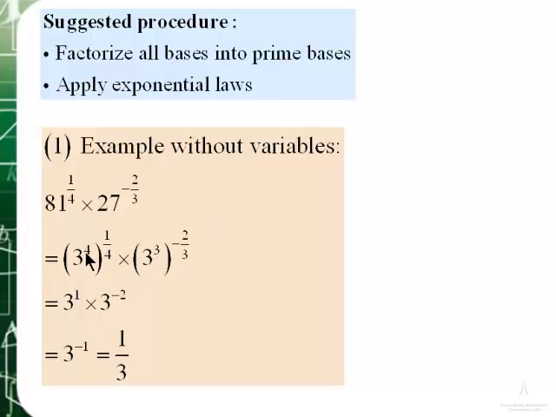Then apply the law which states that we can multiply these two exponents, so you get 3 to the power 4 times a quarter, which is 1, and 3 to the power 3 multiplied by minus 2/3, which is minus 2, and then use the multiplication law, which is 3 to the power minus 1, and then make it a positive exponent, which is then a third.